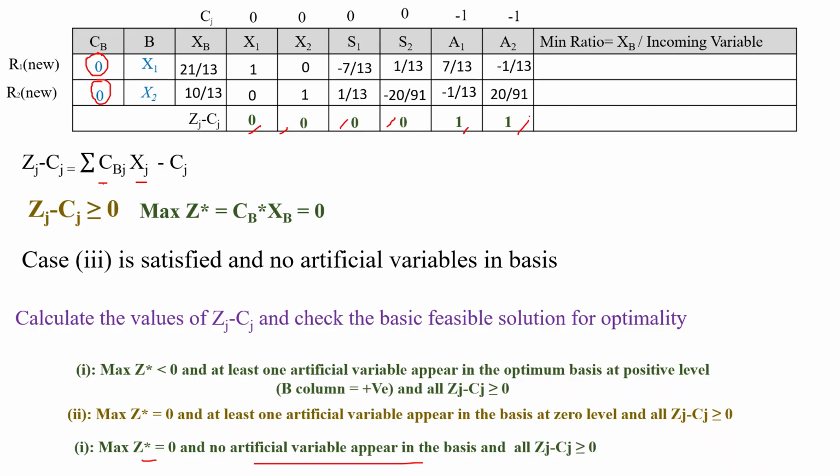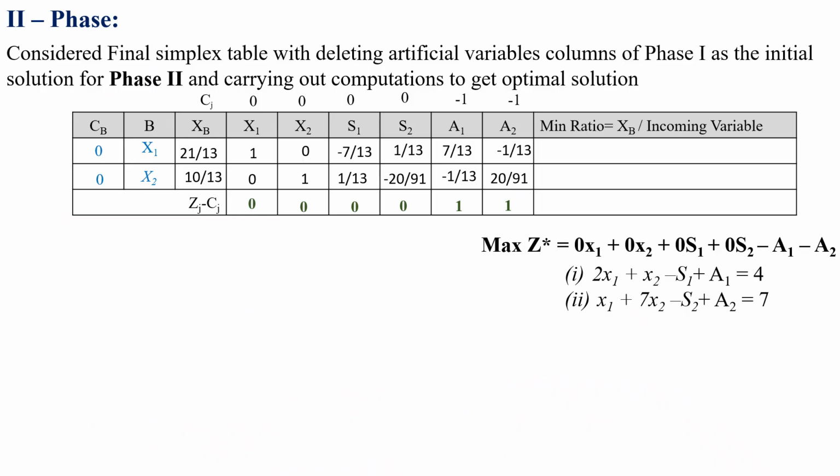So for this we have to move to the next step, that is, we have to go for the second phase. In phase 2, consider the final simplex table. This is the final simplex table of phase 1 with the artificial variable columns deleted.